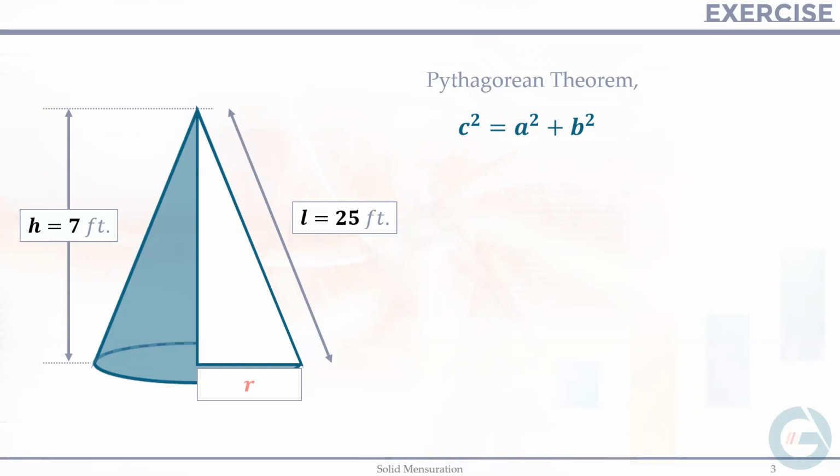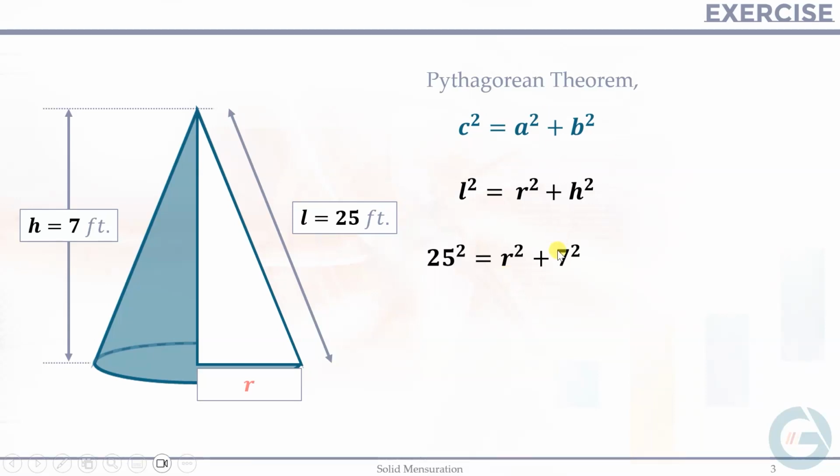Okay, so the hypotenuse is your slant height, which means c squared is equal to l squared, and your r squared, for example, is your a squared, plus h squared, your b squared. And we can plug in the values, so l squared is equivalent to 25 squared equals, of course, the unknown r squared plus 7 squared.